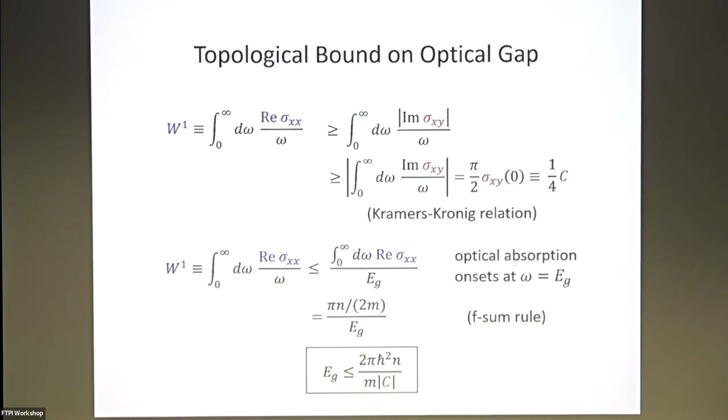By the Kramers-Kronig relation, this is equal to the real part of sigma xy at DC, which is just the quantized Hall conductivity. Yes, so that assumes that sigma xy is given by the intrinsic Chern number, but there are plenty of other contributions. So I'm talking about insulating states.